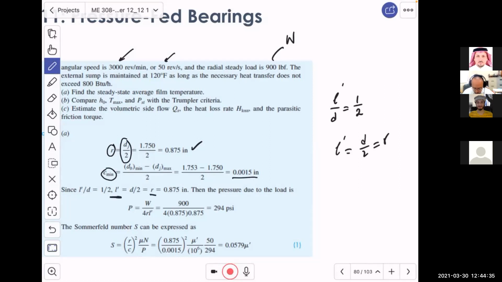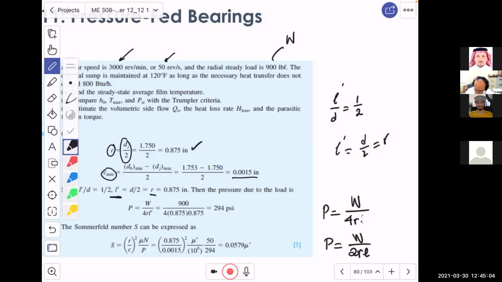If we know this, then we say, okay, what about the pressure? The pressure, we said, this is forced pressure, not natural. So P is going to be equal to W over 4 R L prime. You should not use P equals W over 2 R L. Doctor, L prime or L square? L prime, yeah, I think.